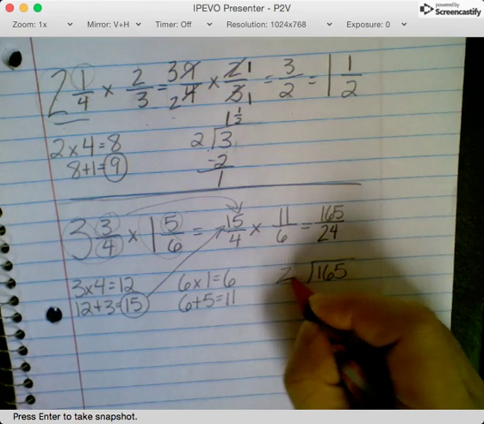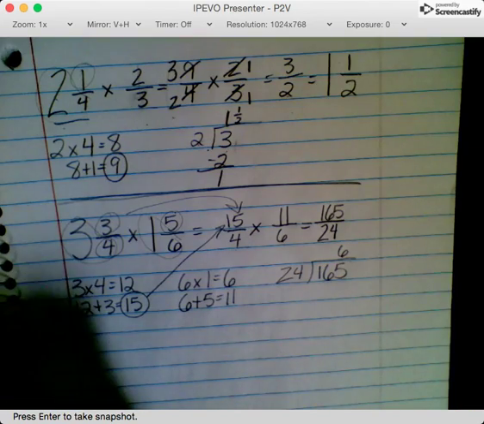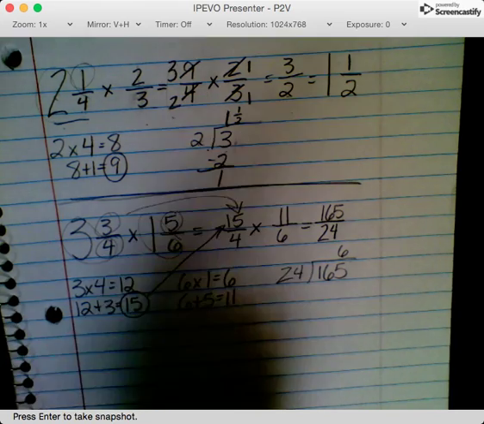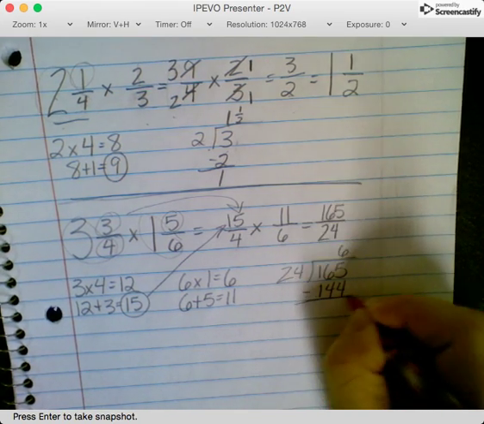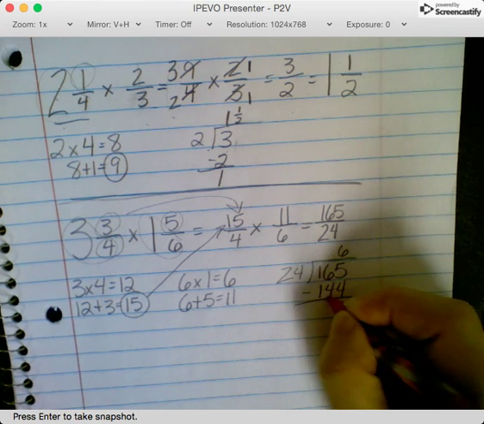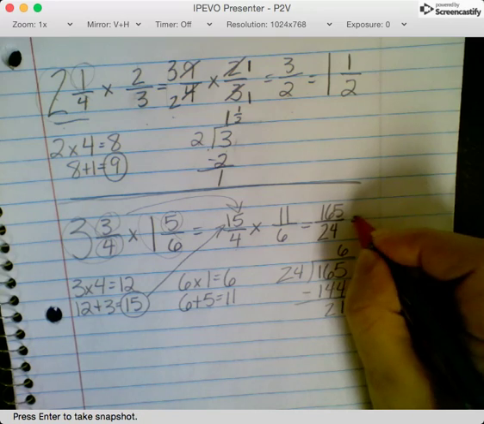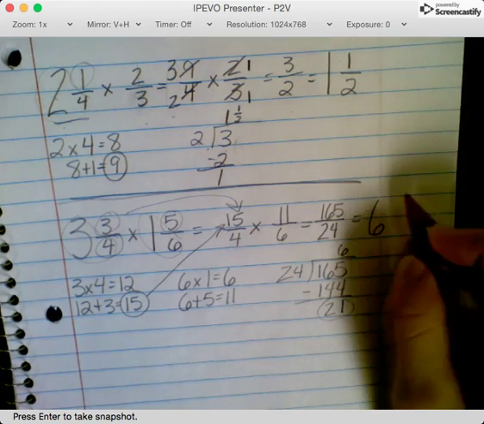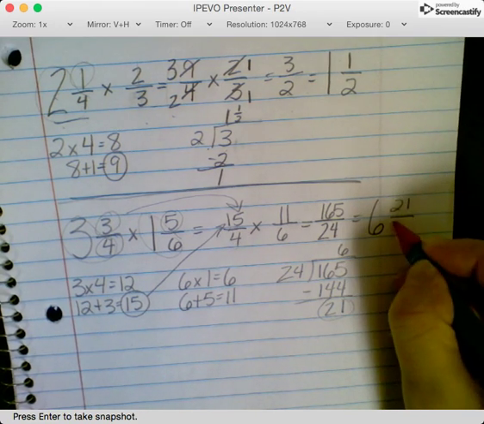So let's see, 24, and that would be 6, and that's 144, and then I would subtract, and I get 21 left over. So again, that's 6 whole, 21's my top number, and my denominator stays the same.